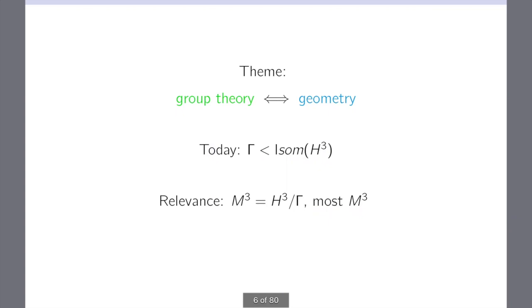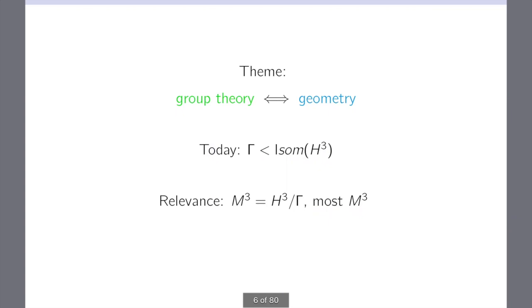So what does it mean to have hyperbolic space and quotient out by the action of an isometry group? If I take a point in hyperbolic space, let's call it X, then I look at all of the points gamma X, where gamma is my group of isometries. I look and see where gamma takes X, so I get a whole bunch of points.